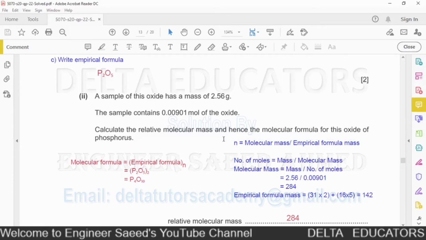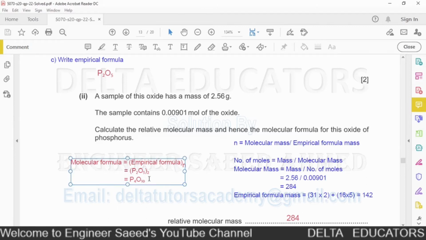Now ratio n is equal to molecular mass over empirical formula mass. So we divide the molecular mass 284 by 142. We will get 2. So the ratio n is equal to 2. Now the empirical formula is P2O5, and ratio n is 2.